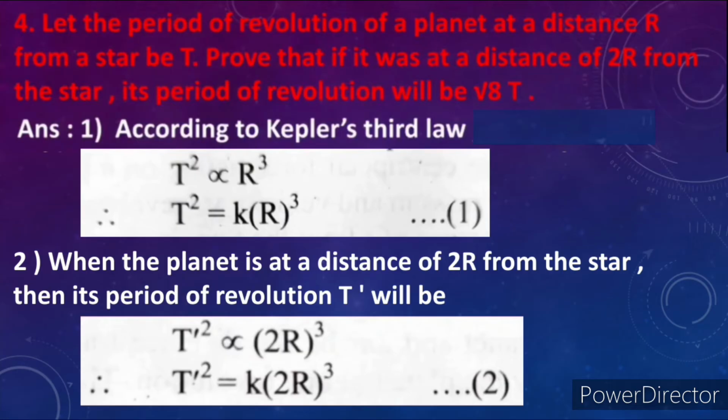2. When the planet is at a distance of 2r from the star, then its period of revolution T' will be T'² is directly proportional to (2r)³, and therefore T'² = k(2r)³, equation 2, k is constant.